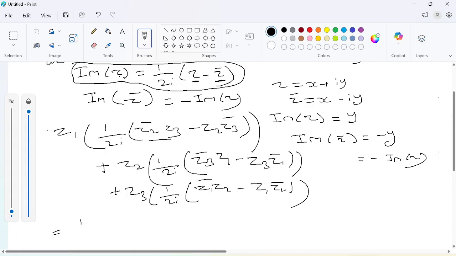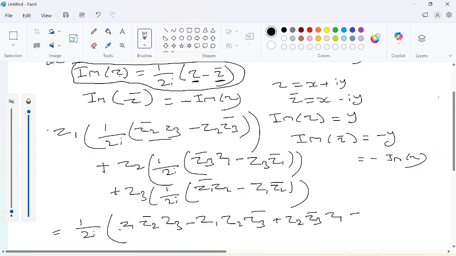Okay. Now you take 1 by 2i common. Now it will be Z1 Z2 bar Z3 minus Z1 Z2 Z3 bar. Okay. Next is plus Z2 Z3 bar Z1 minus Z2 Z3 Z1 bar plus Z1 bar Z2 Z3 minus Z1 Z2 bar Z3.